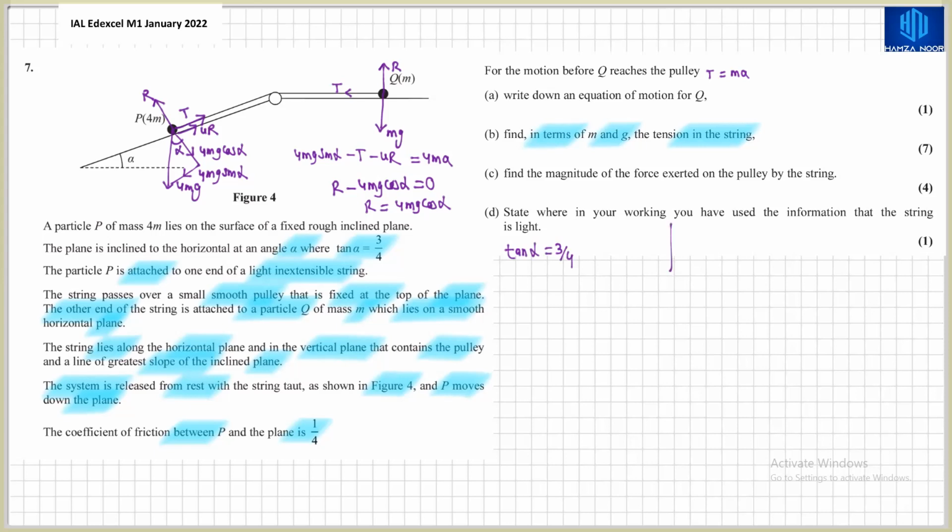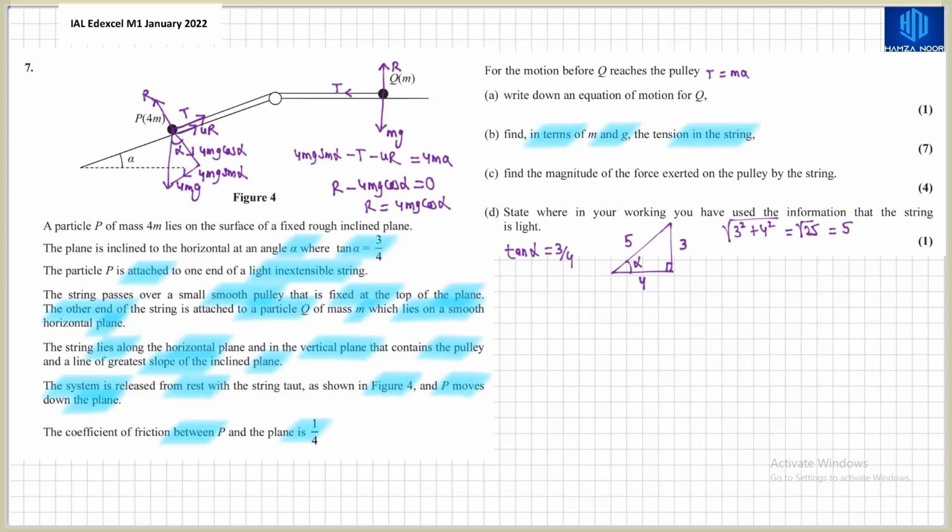So here I'm going to make a triangle having an angle of 90 degrees, and this acute angle is alpha. So opposite over adjacent: the opposite side is 3 and the adjacent side is 4. So under this condition, the hypotenuse would be the square root of 3 squared plus 4 squared, meaning the square root of 25, which is 5. So the hypotenuse is 5.